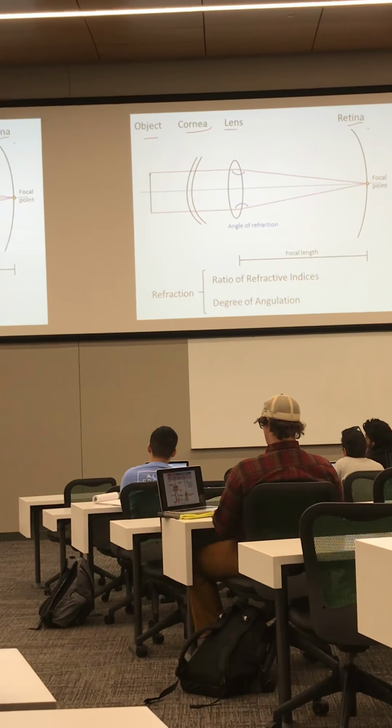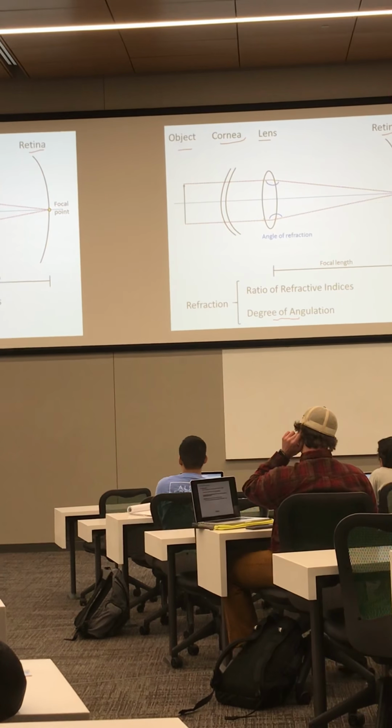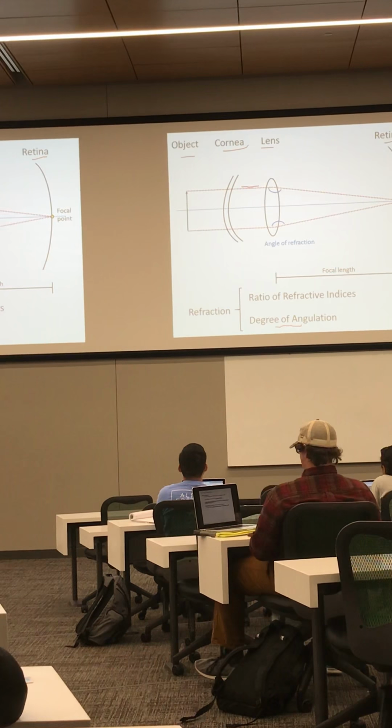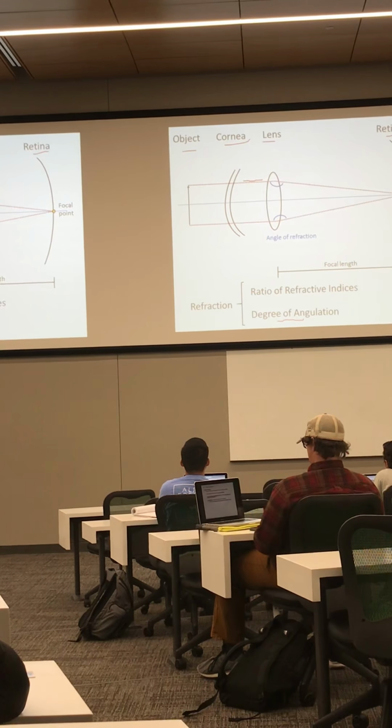And the other part that we also need to consider is the degree of angulation. What is the degree of angulation? Well, notice over here, these rays that are arriving at the edge of this lens, they refract.